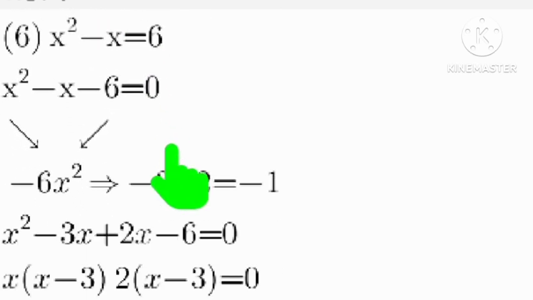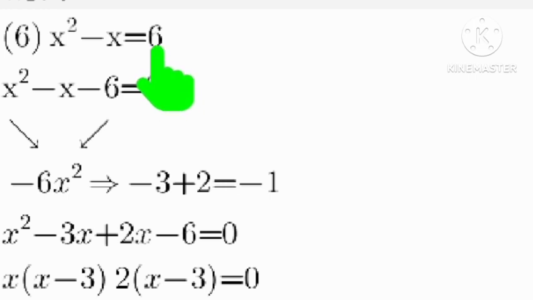So number 6 here we have s squared minus x is equal to 6. Remember, the first thing we want to do is ensure that the only thing on the right side of the equals to sign is 0. So how do we do that? We simply take any other thing to the left hand side.